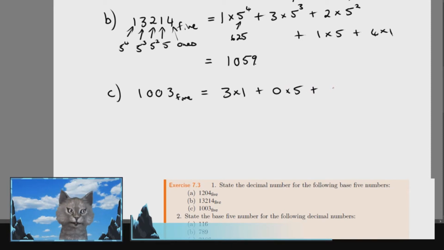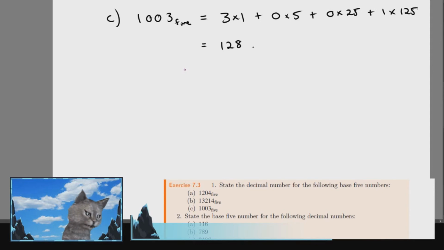If I go further in, I'm counting 25s, and further in, I'm counting 125s, increasing powers of 5. And if I calculate that, it's simple enough to be 128. So when there's a little subscript at the end of a number, it says what the group size is.